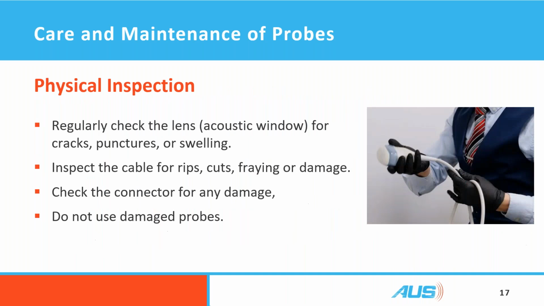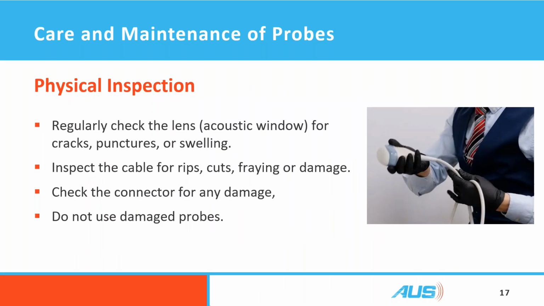Physical inspection is critical, not only during preventative maintenance, but anytime you're in front of a system. Take a couple minutes to take a look at the probes and make sure that they're safe and that their image quality is working in accordance with manufacturer specifications. Regularly check the lens for cracks, punctures, swelling.